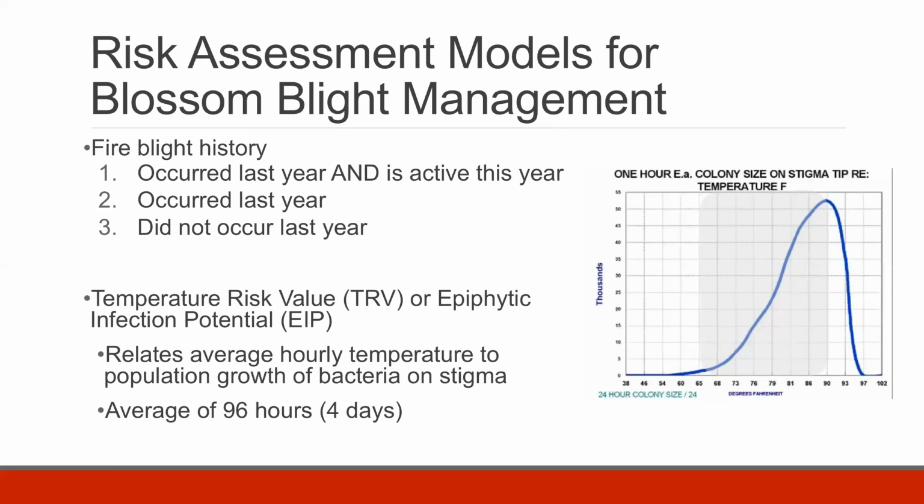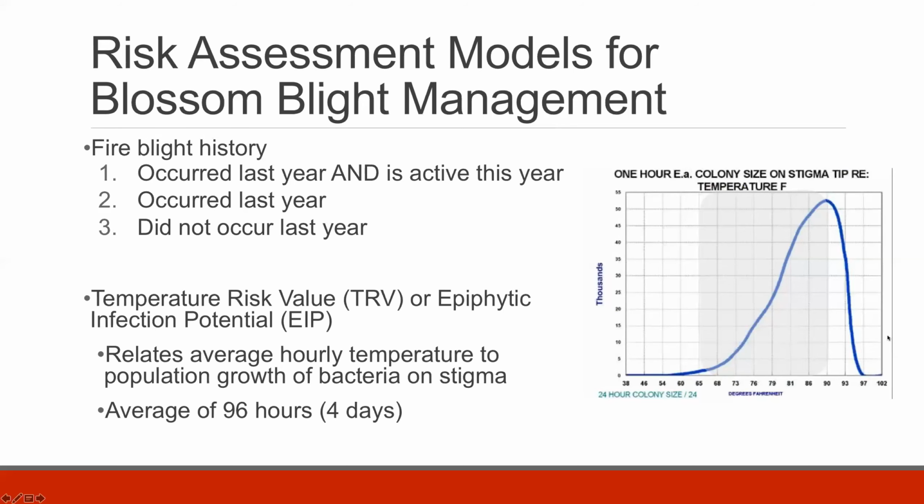Temperature is input into the model as a temperature risk value, or TRV, or an epiphytic infection potential value, or EIP, and the value that is used depends on the model. These values relate the average hourly temperature to population growth of the bacteria on the stigma.